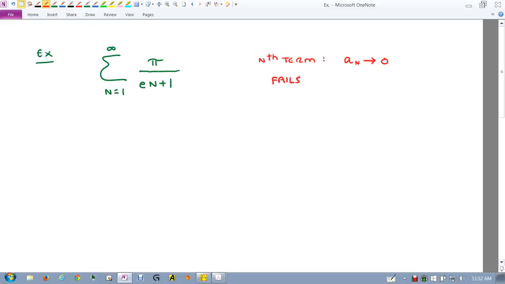Next thing I know about series, harmonic. Is it harmonic? Do I have a constant on top? Sure. Is the bottom linear in n? Yes, this is a harmonic series. So it's harmonic, since e times n plus 1 is linear in n.